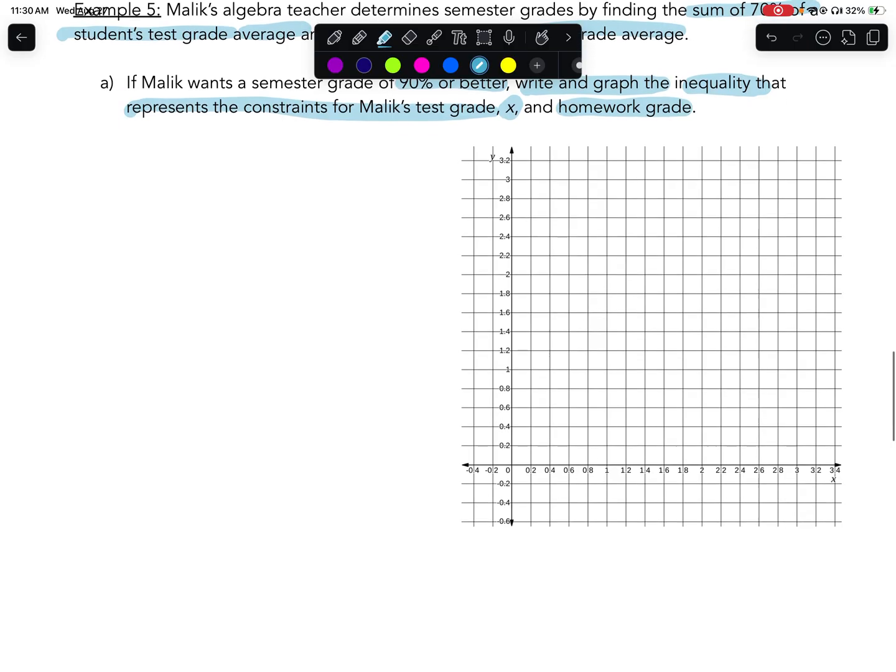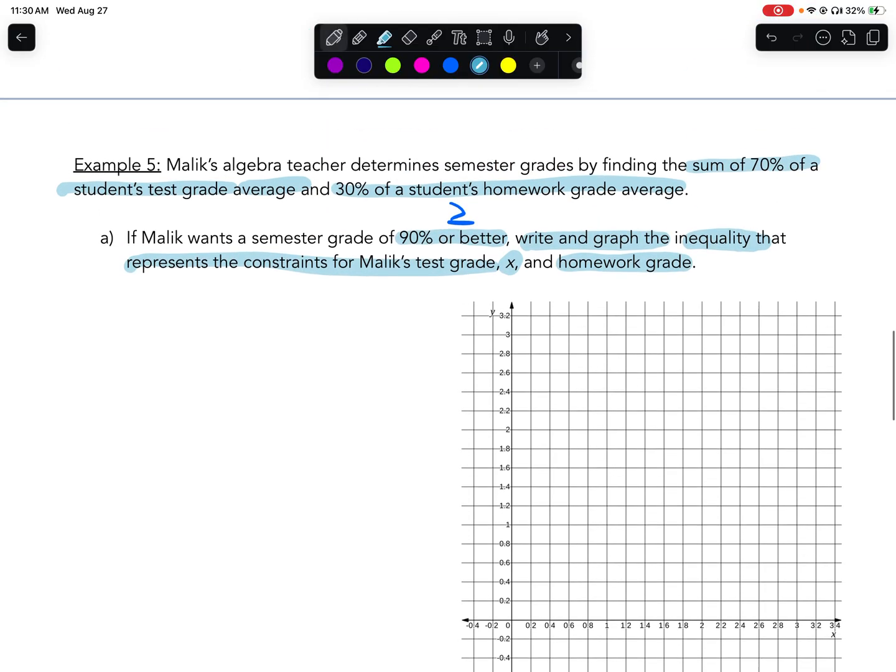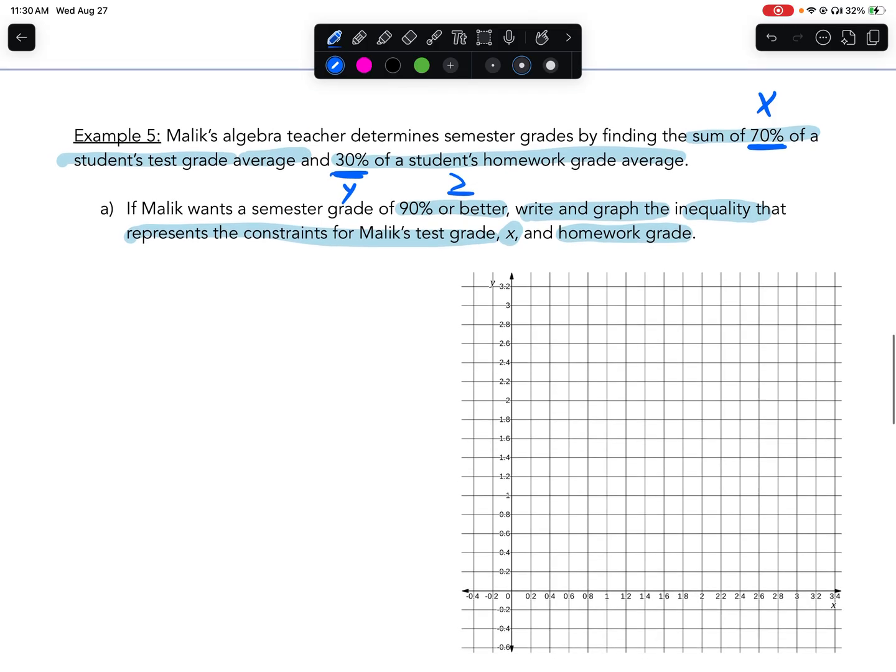Okay. So if I'm writing this, I don't want to use percentages in my equation, right? So X is going to be test, Y is going to be homework. So I need to change those percentages into a decimal. Easiest way to change a percent is just to divide by 100. You could also think about the fact that there's a decimal point and you move it 2 to the left, this strategy always works. So I recommend using that. 70 divided by 100 is 0.7.